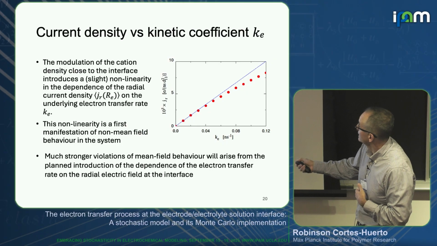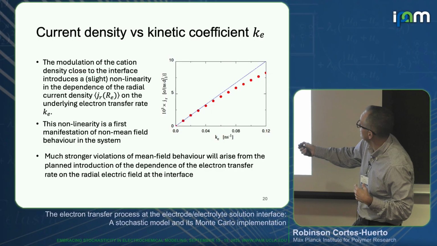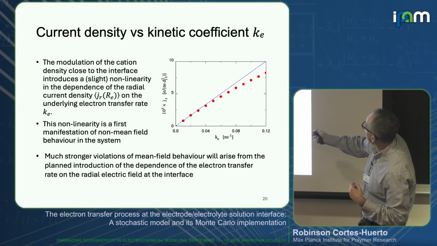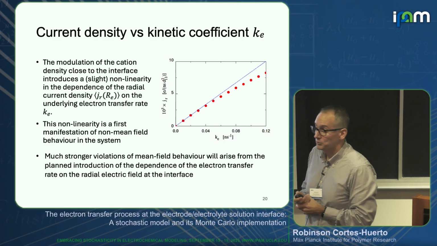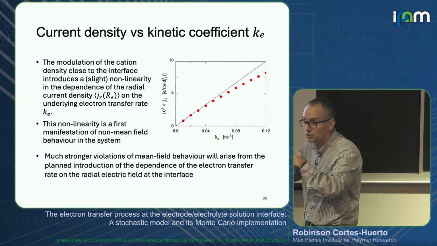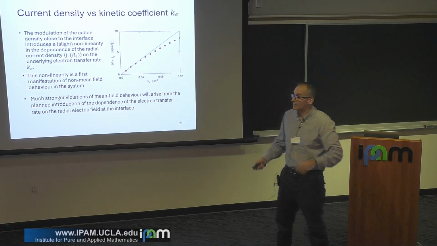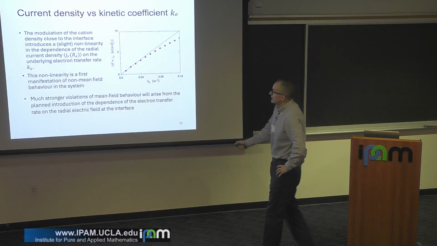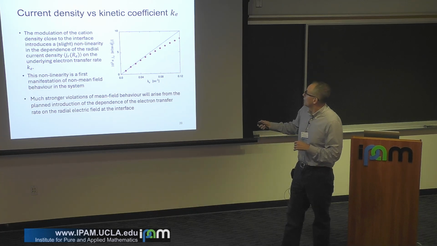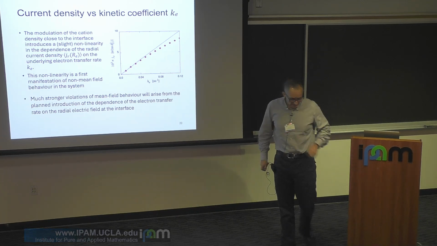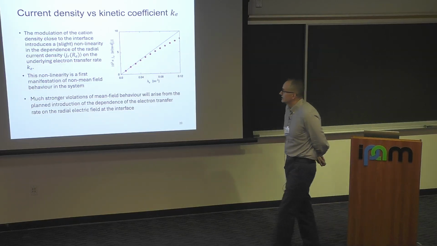When the electron transfer rate is small, there is this quasi-linear behavior. But as soon as you increase the electron transfer rate, you see this deviation from linearity. This is due to the depletion of cations happening faster than ions can organize in the system. Of course, we expect much stronger violations of this mean field behavior when we consider the dependence of this electron transfer rate on the electrostatic potential and also on the distance, for example.